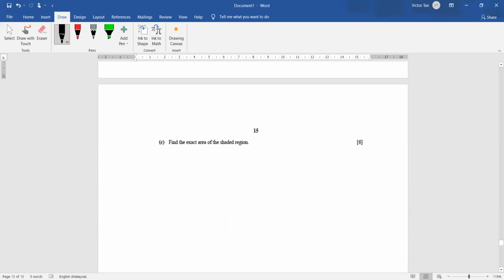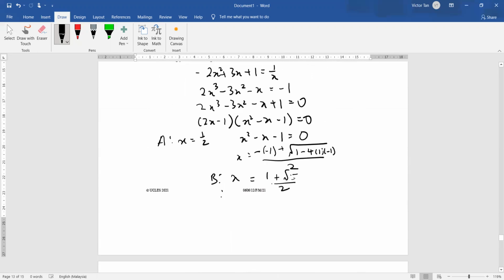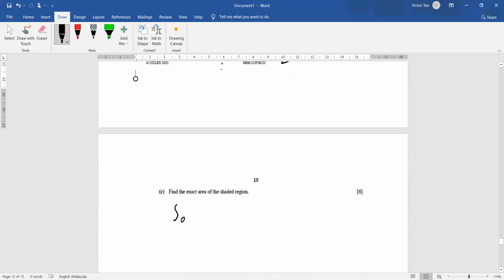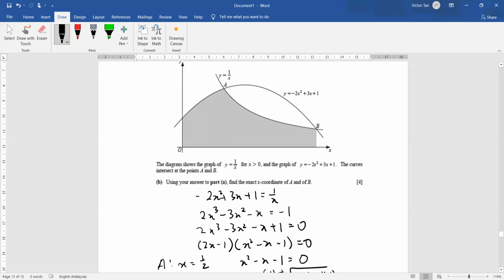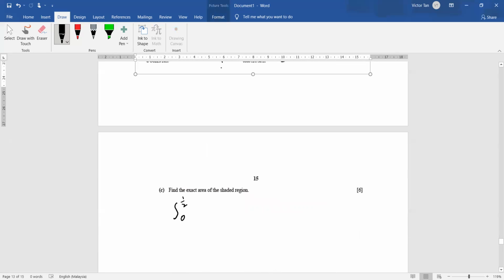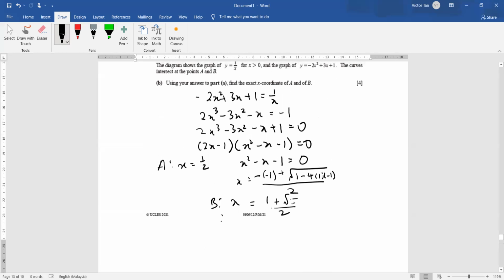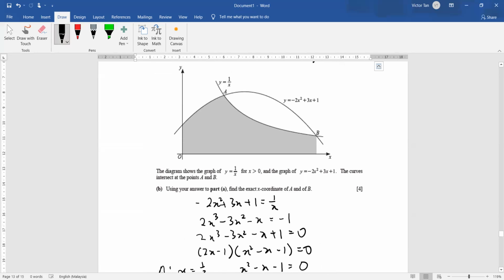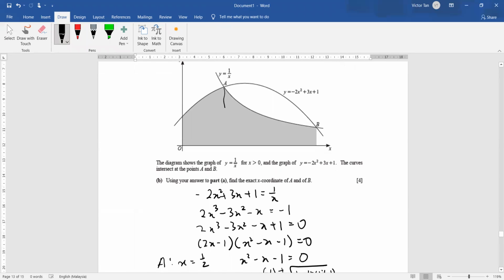So the exact area is the integral from 0 to half of 2x squared minus 2x squared plus 3x plus 1, which should be this area and this area.